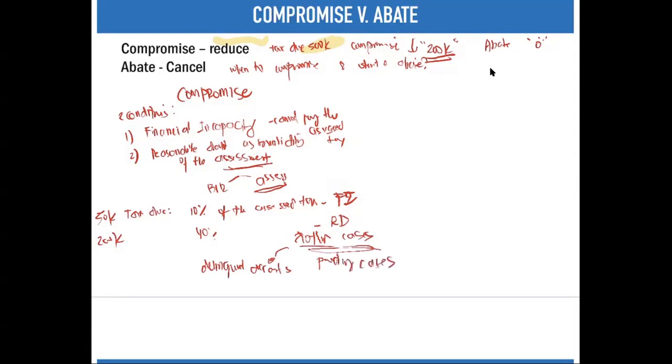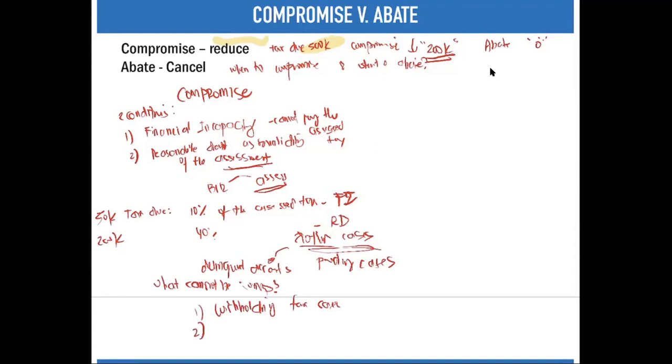Those are the compromisable types of cases: delinquent accounts and pending cases. Next question is, what cannot be compromised? You cannot compromise withholding tax cases.